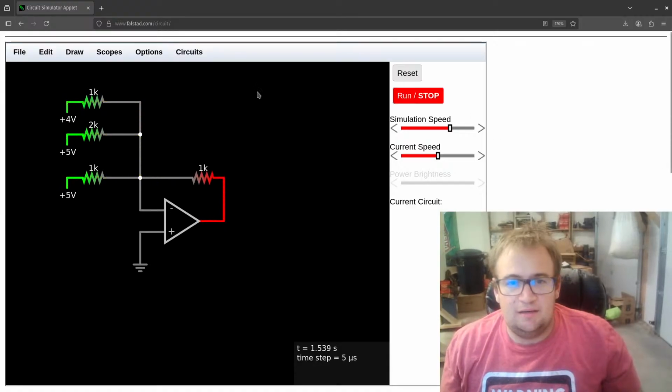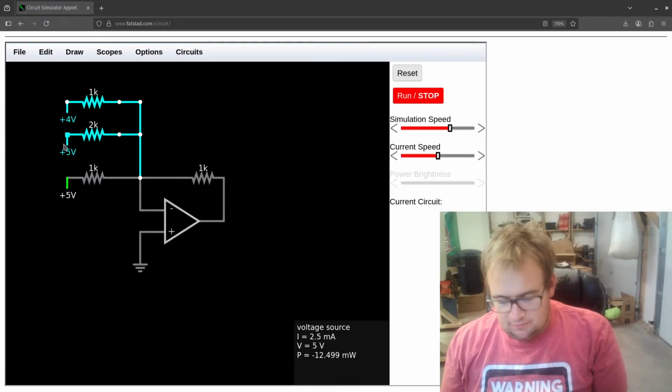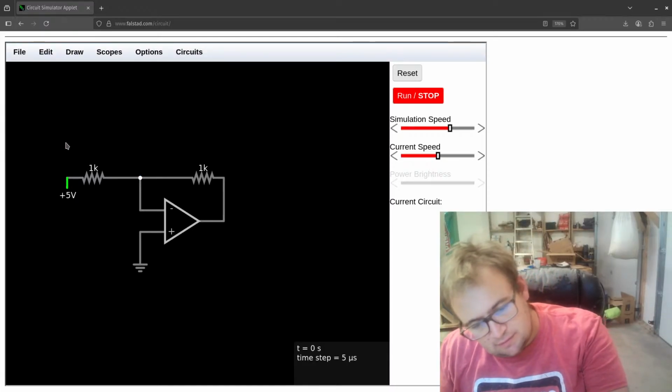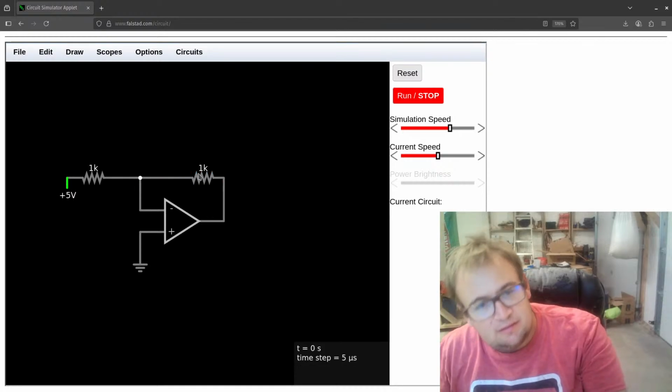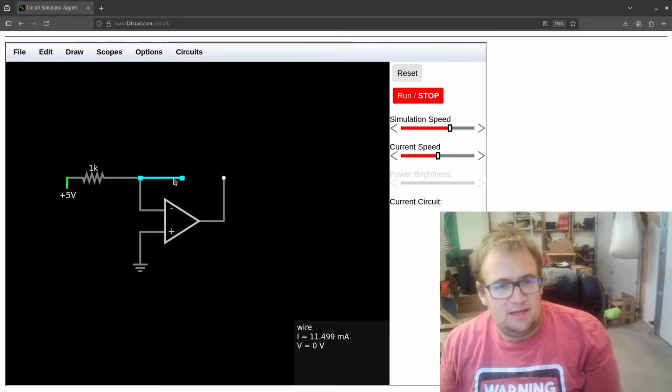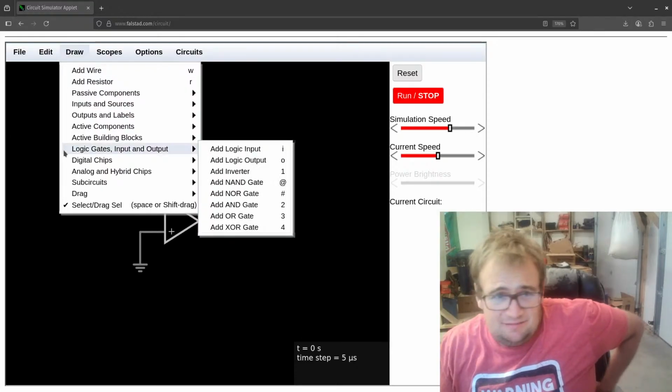So basically, I will stop all this and then reset it, delete that. And now, instead of this, we are going to draw in a capacitor.